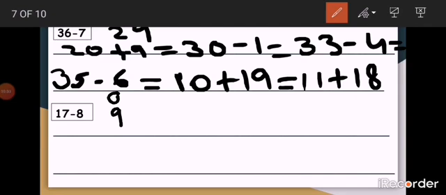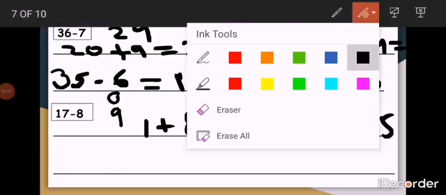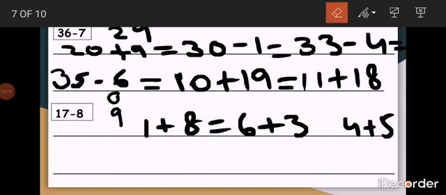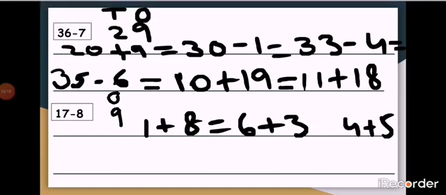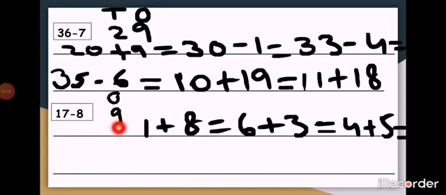So, I'm writing some of them here. 1 plus 8, 6 plus 3, 4 plus 5. Oh, I forgot to put the is equal to sign here. So I'm putting the is equal to sign here, and also here.